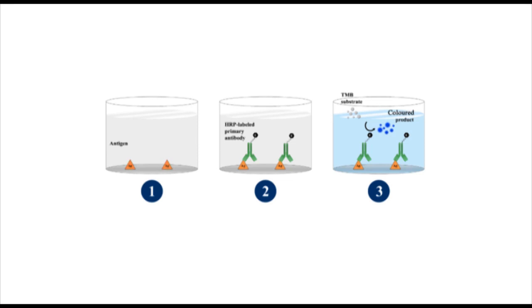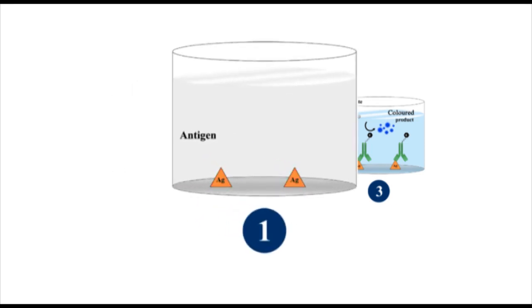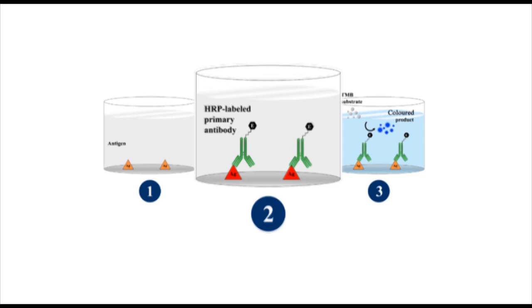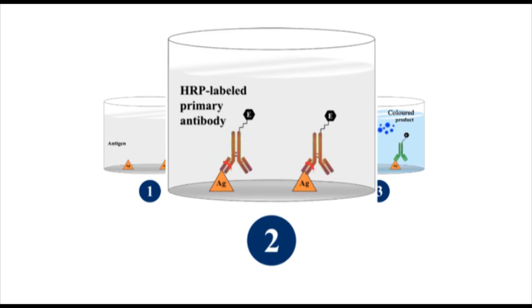Principle. This technique is based on antigen-antibody interaction. The antigen is first immobilized onto the solid phase of the plates used for the assay or to some beads. Immobilization is achieved by coating the plates with antibodies that bind to the antigens firmly. Then antibodies specific to the antigens are added.